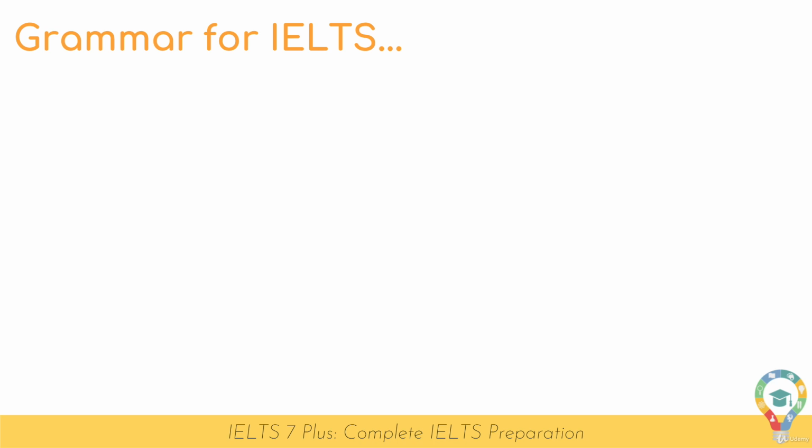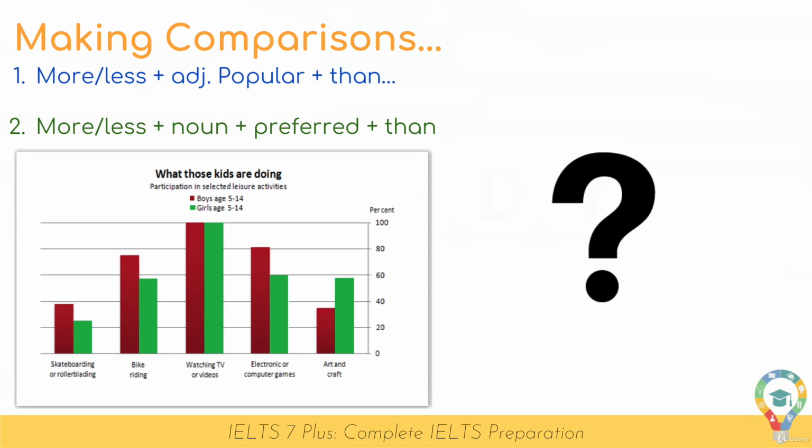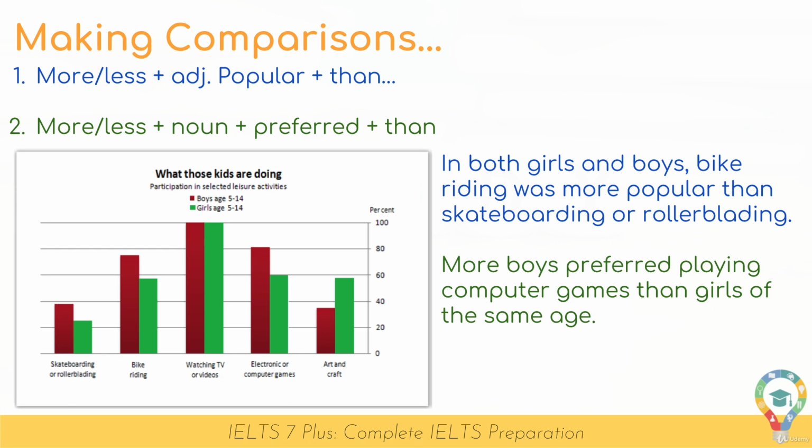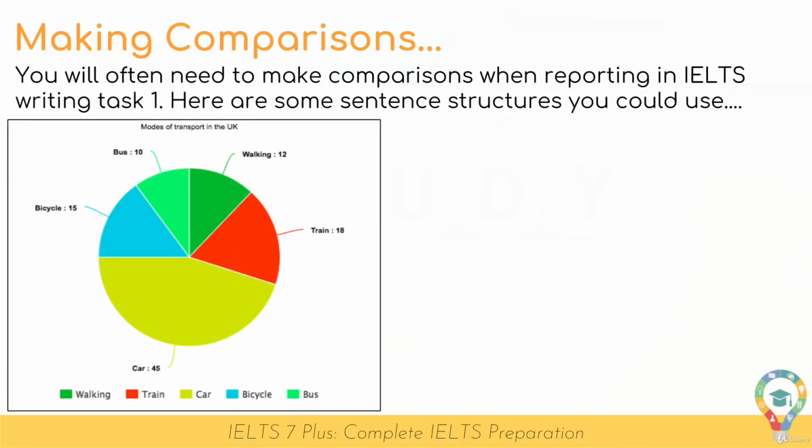It's time that we moved on to our first set of sentence structures, and it's all about making comparisons. Here is a pie chart that I'll be using to describe and show you examples of the grammar that I would use to describe it. Here is sentence structure 1.